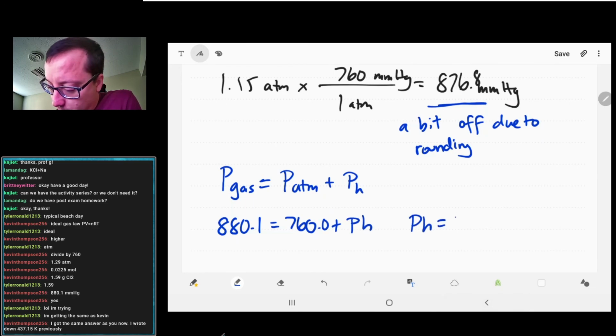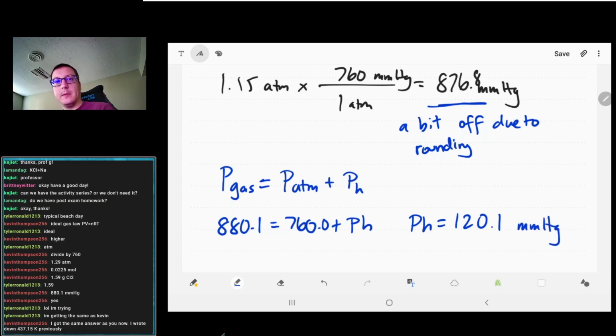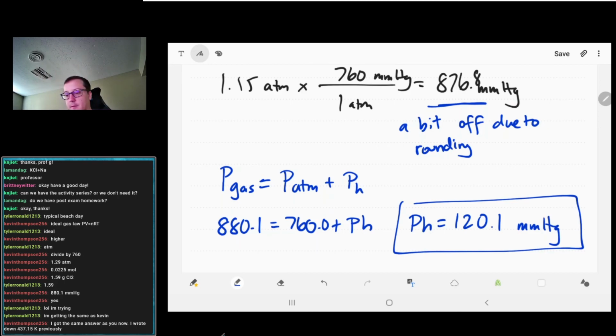So the height difference would be 120.1 millimeters of mercury. Hooray! Wow, we did a lot just for that. So there is your proof that the combined gas law is more appropriate than the ideal gas law for when things are changing.